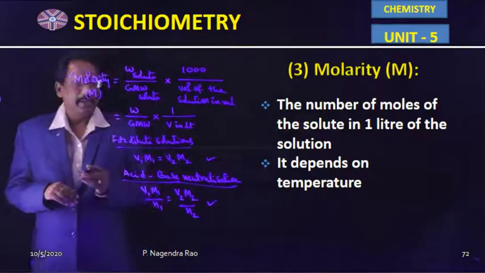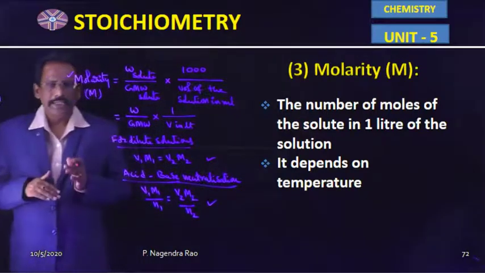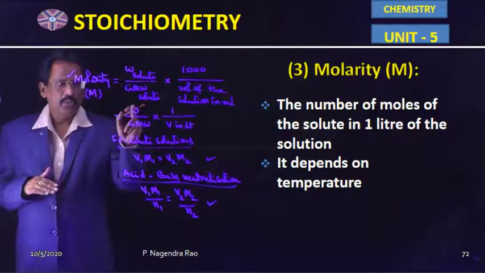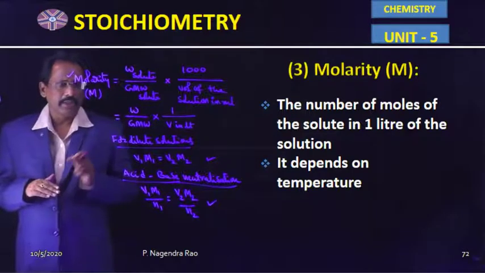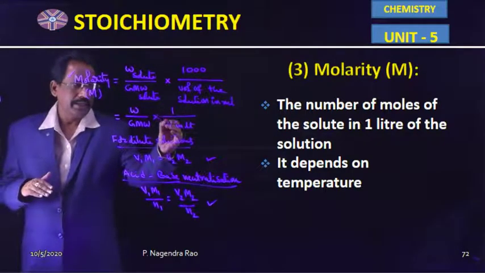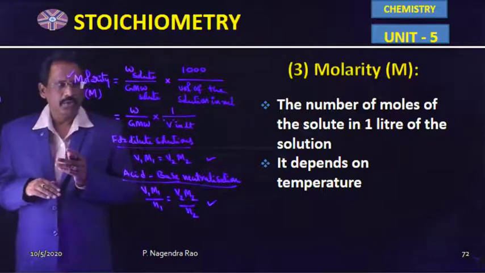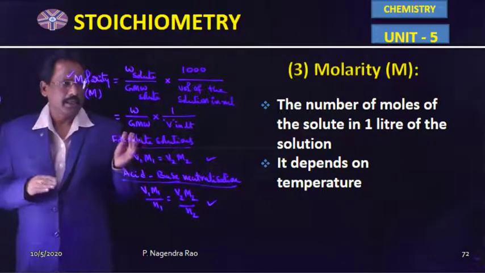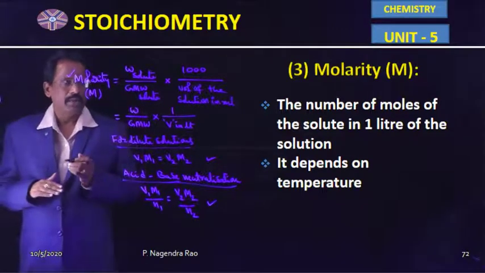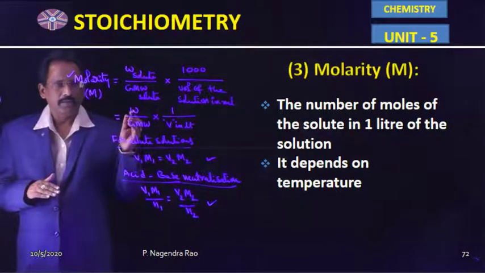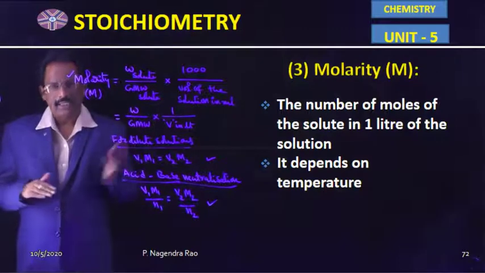And the original formula is molarity, capital M, equal to weight by gram molecular weight into 1 divided by volume of the solution in liters, or weight by gram molecular weight into 1000 divided by volume of the solution in milliliters.